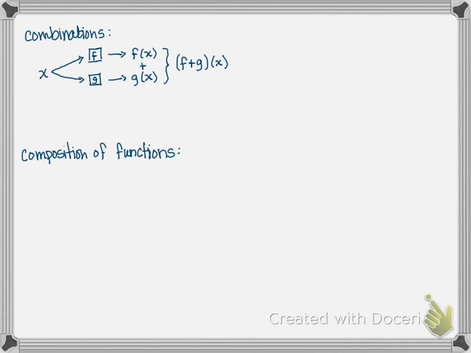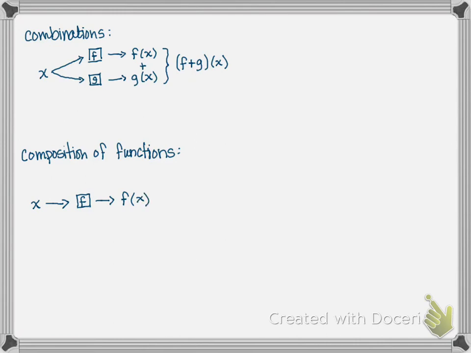So we're going to take a single input, x, and we are going to put that into one of the functions. So we'll put it into f, which gives us an output of f of x.